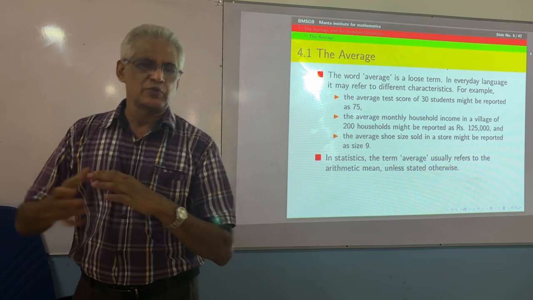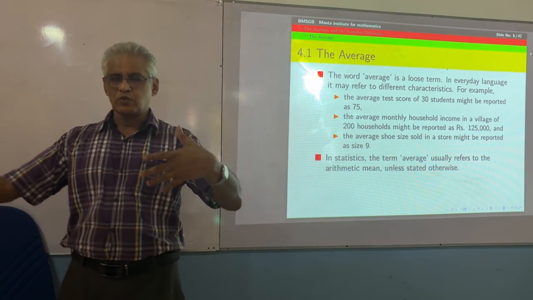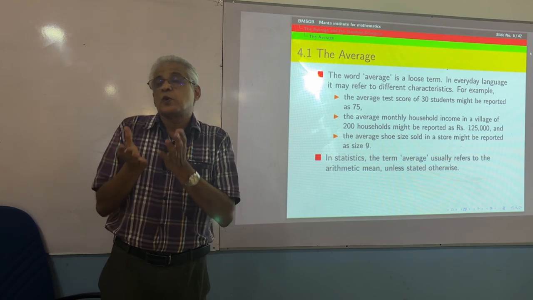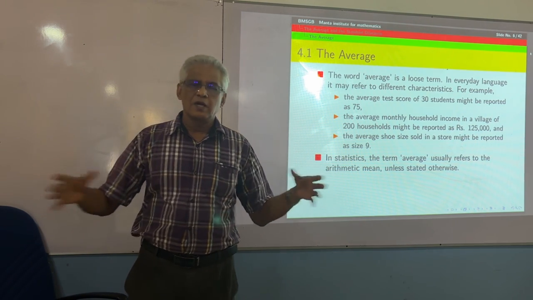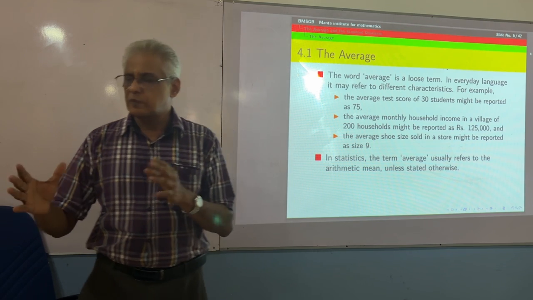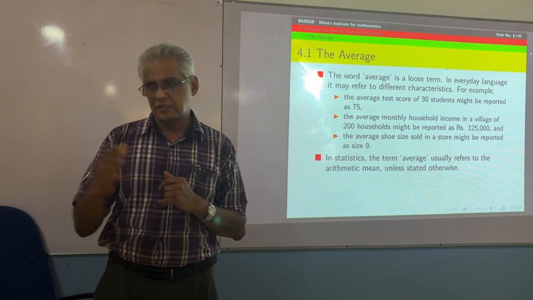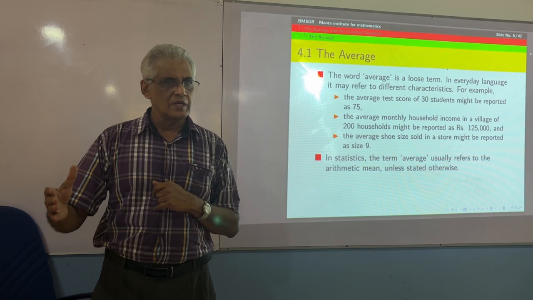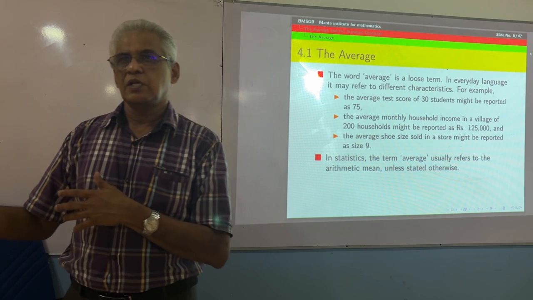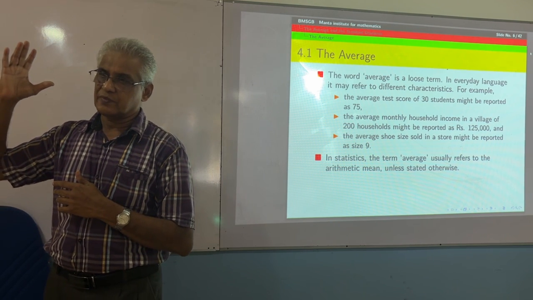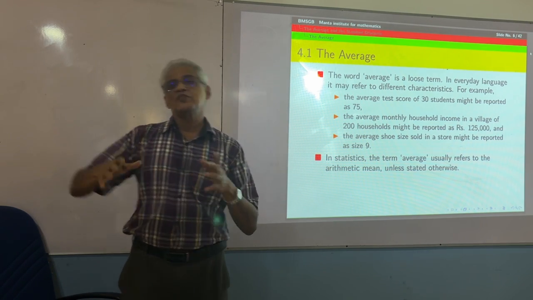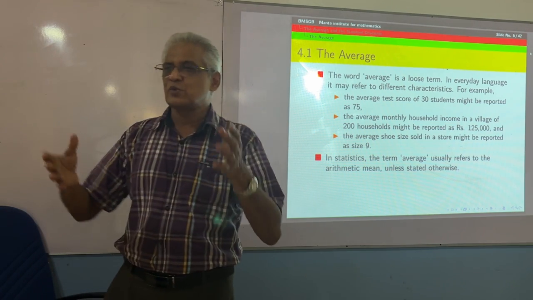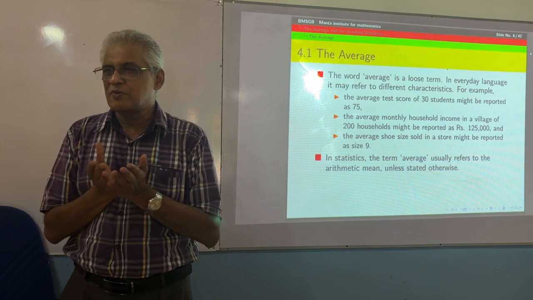Yeah, because when you take a sample of people and households and ask them, it's possible in a usual village or town, there are a large number of people with small to medium income, right? But very few people with very high income, astronomically large, right? So if one or two of those people come into our sample, what happens to our mean?